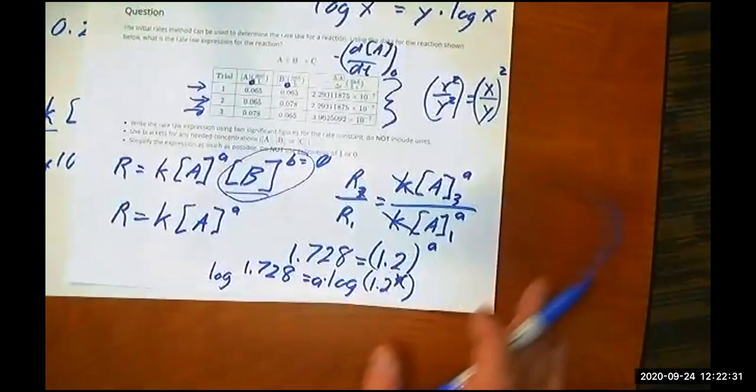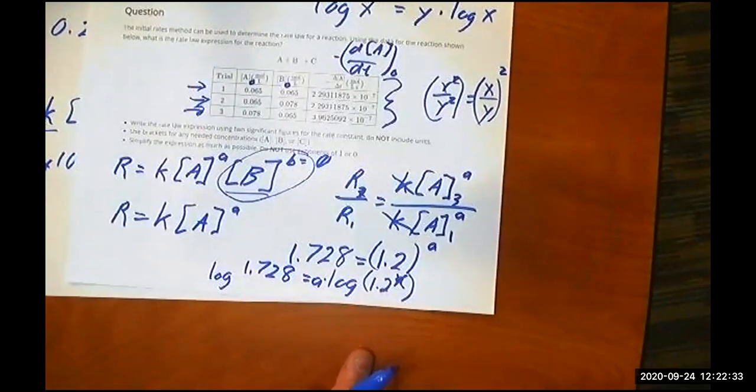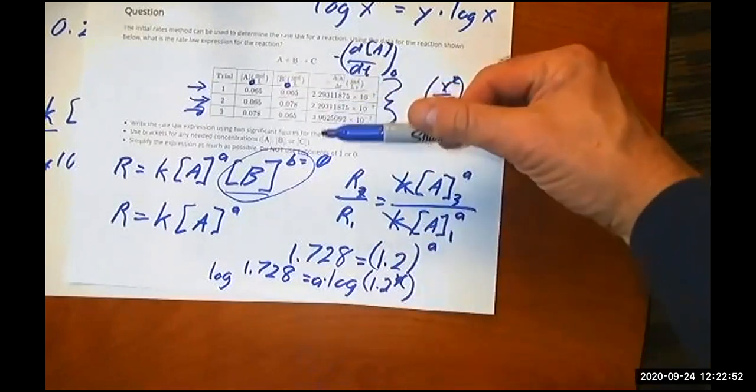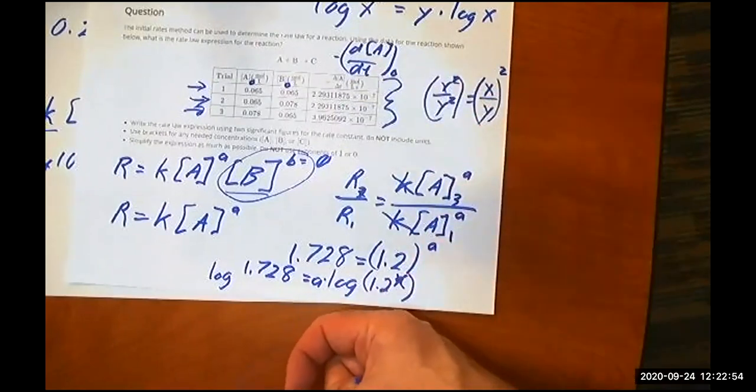Any clarifying questions on this? Someone asked what would we do if A and B were different and the rate law was 2? So like you didn't have 2 trials where your concentration of A was the same. Right. So what do you do if in all of the trials more than one of these species is changing at a time?